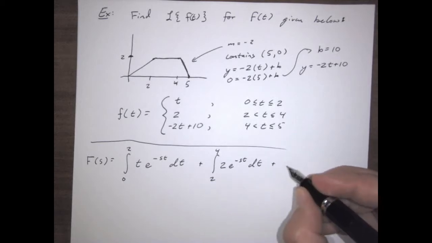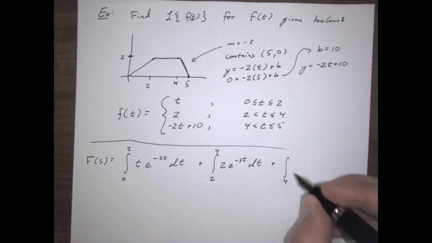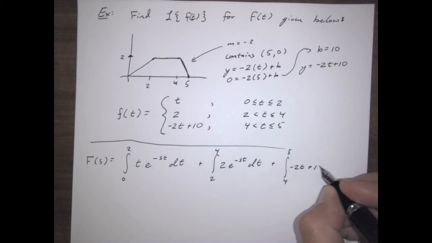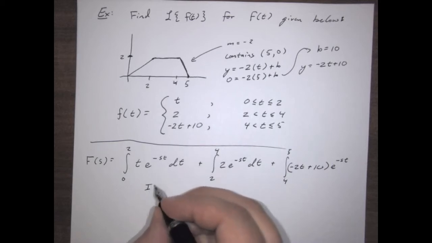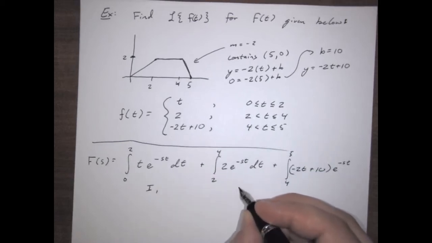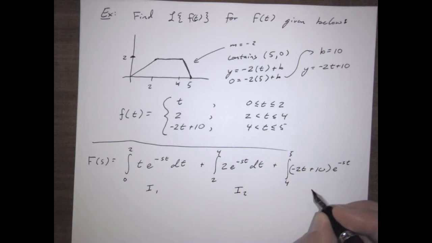And then the integral from 4 to 5 of -2t plus 10 times e to the negative st. So let's go ahead and just break those up into 3 integrals, I1, I2, and I3.